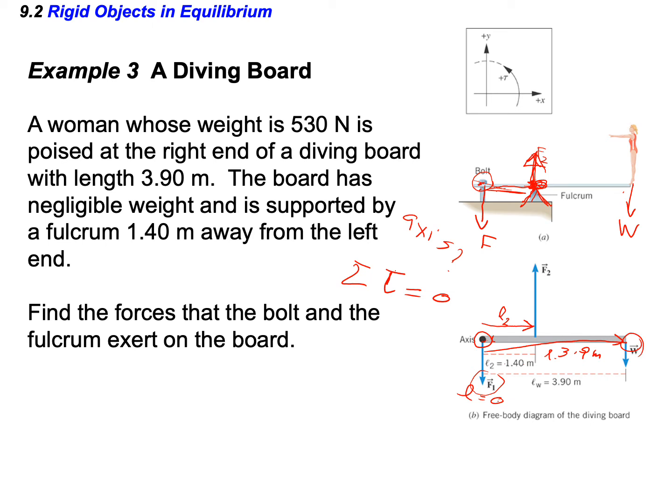So when you calculate the net torque, if it is equilibrium, it is 0, which is equal to F2 times L2. L2 is 1.4, and then plus or minus, I will tell you what you're going to use, W times the length, 3.9.